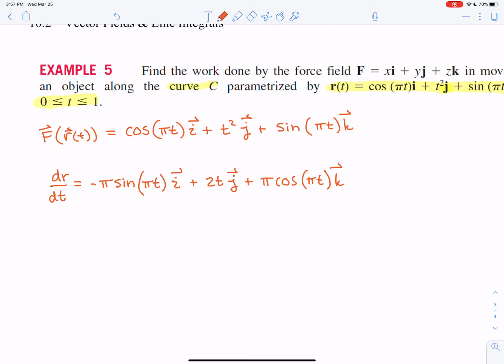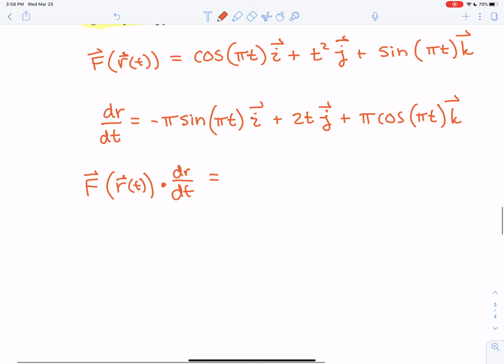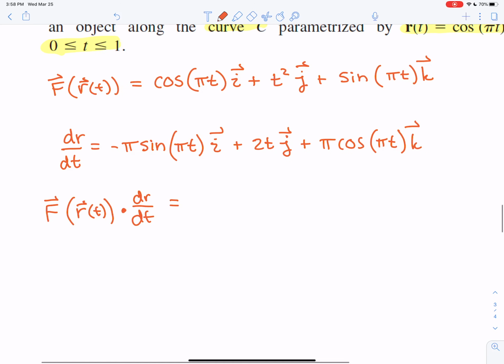Now we'll do the dot product. I'll do this one separate just so you can see it all fully written out. So we're going to do the dot product of this, right, dotted with dr dt, because that gives us our full integrand. So in this case, we're going to do component by component multiplication. So we'll multiply i component with i component plus j component times j component plus k times k. So let's do that.